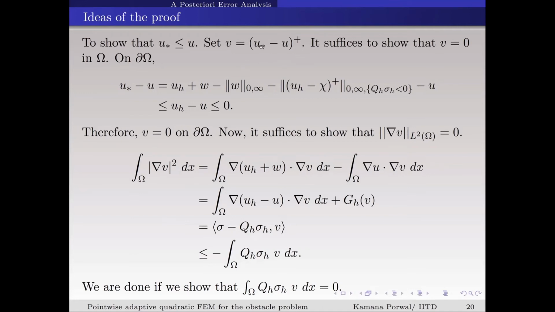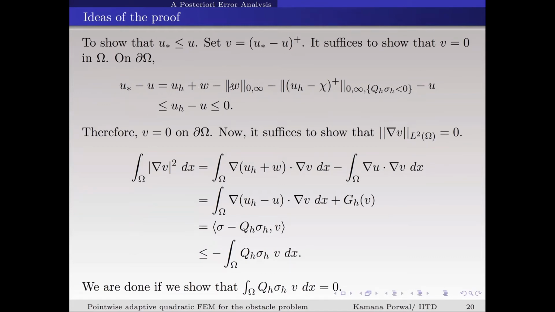So again, U star, U lower star and U are all H1 functions. So V is an H1 function. And we observe that it vanishes on the boundary of the domain because U star minus U is basically this expression. Here, W minus norm W is a negative term, and this is also a negative term.